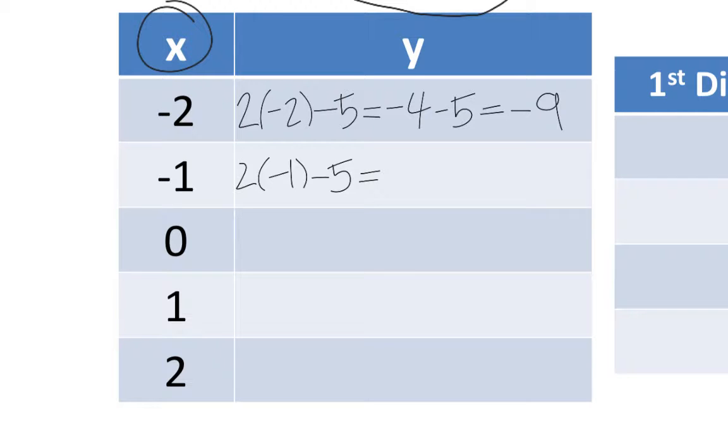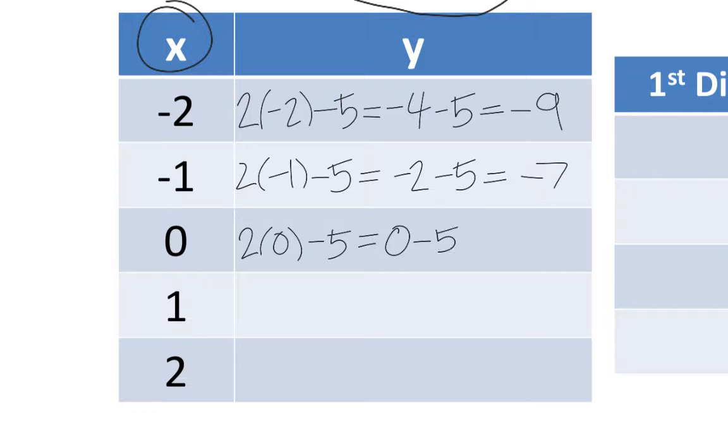That simplifies to negative 2 subtract 5, which is equal to negative 7. Let's repeat that again. 2 multiplied by 0, subtract 5. Anything multiplied by 0 is 0. The subtract 5 stays exactly the same, which leaves us negative 5.